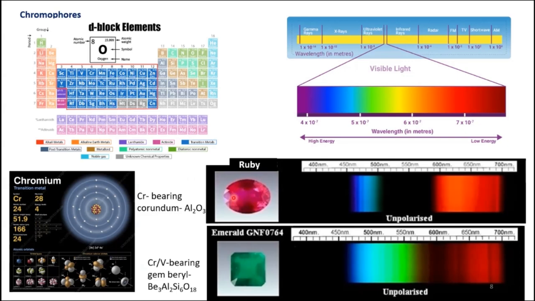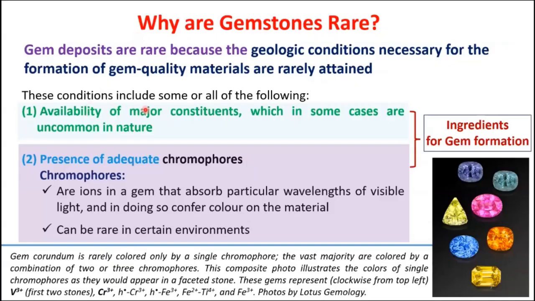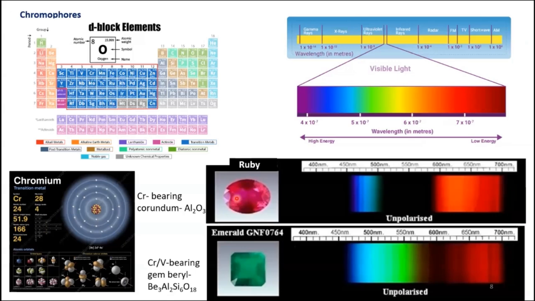For example, ruby. The main constituent of ruby is aluminium oxide. But if that mineral contains only aluminium and oxygen, you cannot identify a beautiful color. Sometimes it is colorless.